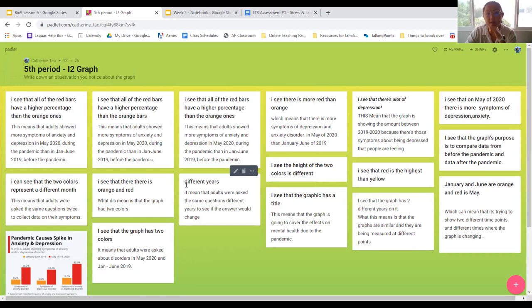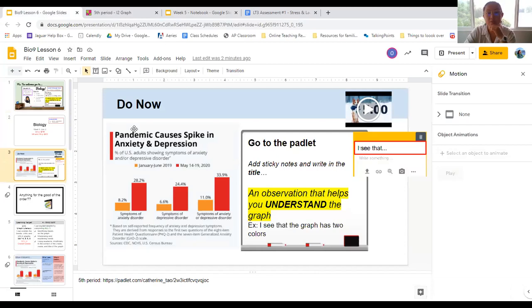I see that there are 2 different years. I see that January and June are orange while the red is May. So all of these are really good observations to be noting. That's what I had them do right off the bat, was to look at observations and write them into that Padlet that I just showed you.